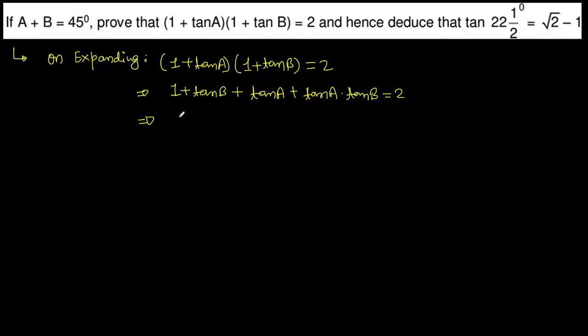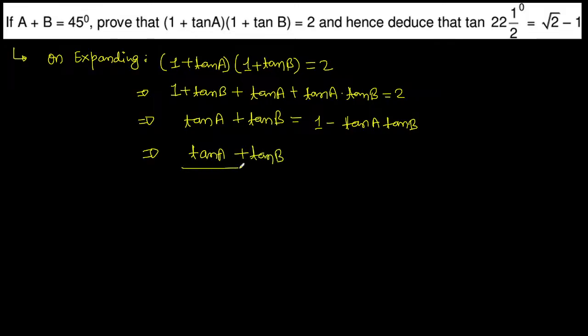From here we get tan A + tan B. This side if we move it is 1 minus tan A tan B. If we divide both sides by 1 minus tan A tan B, we get (tan A + tan B) whole divided by (1 minus tan A tan B) equal to 1, and we can say that it is nothing but tan 45 degrees.